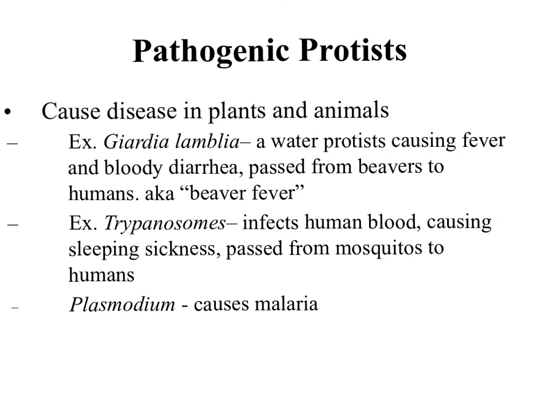So we have a few types that I wanted to highlight, including Giardia, which is a water protist that causes what's colloquially called beaver fever. So basically, it causes fever and diarrhea. There's also trypanosomes, which causes something called sleeping sickness, and of course our dear Plasmodium, which we've just talked about, causing malaria.